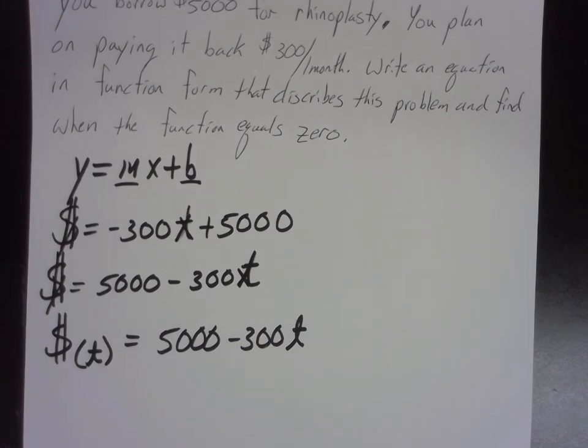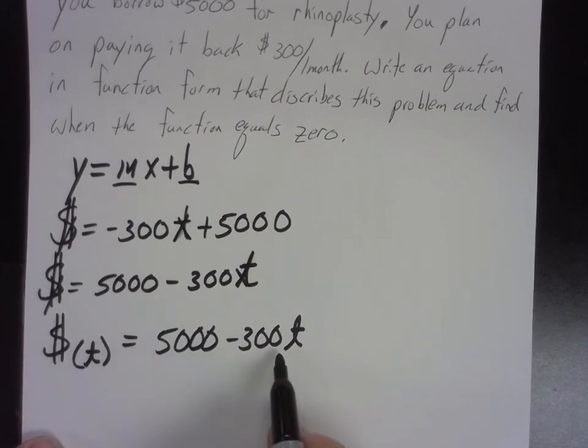I have it, but I don't know how to say it. What are you thinking, Thomas? How many months you have to pay? How many months you have to pay until what? Until you're done paying. Yeah, exactly.